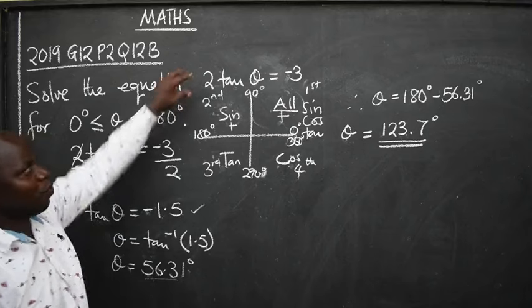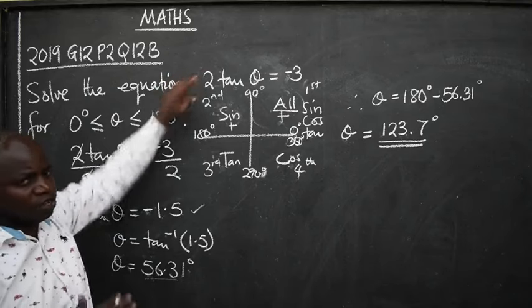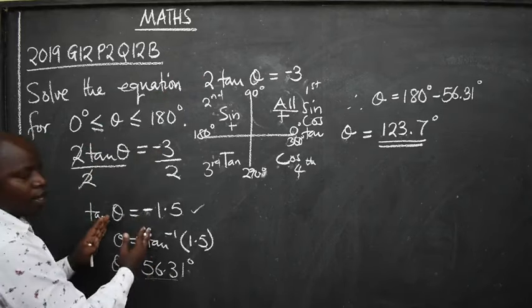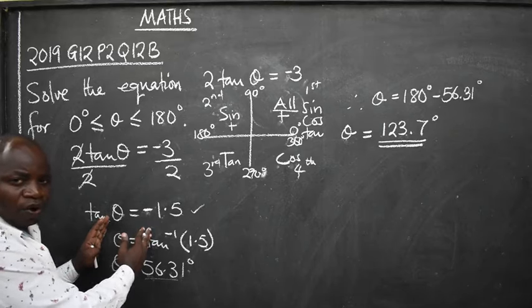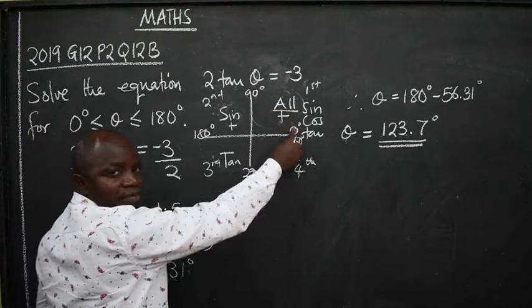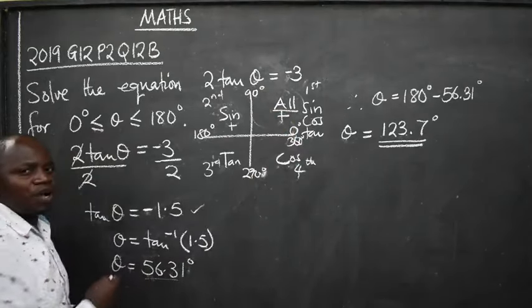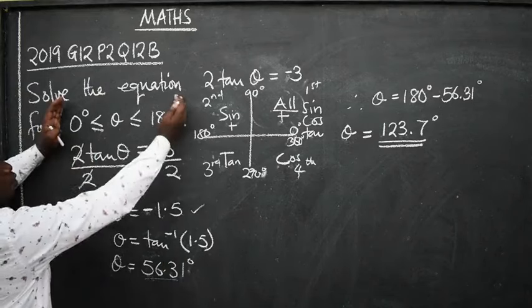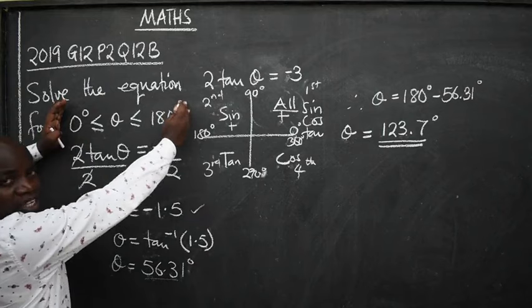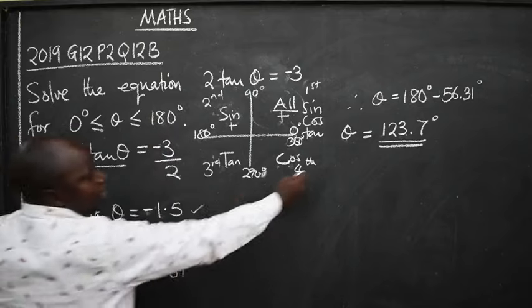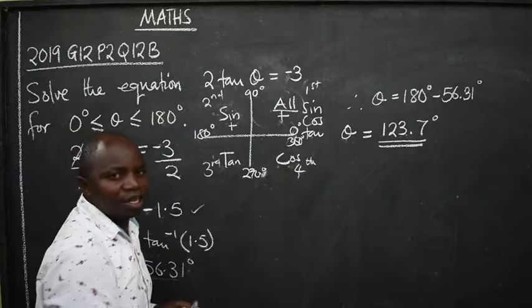Once more, whenever you are dealing with trigonometric equations, the first angle that you find is from the first quadrant. Then this angle will guide you where to go with the help of the range here. If the range goes up to 360, it means it goes up to the fourth quadrant.